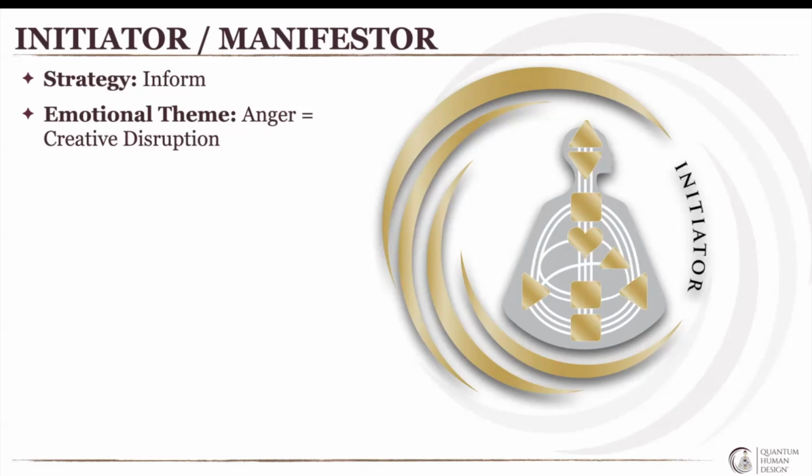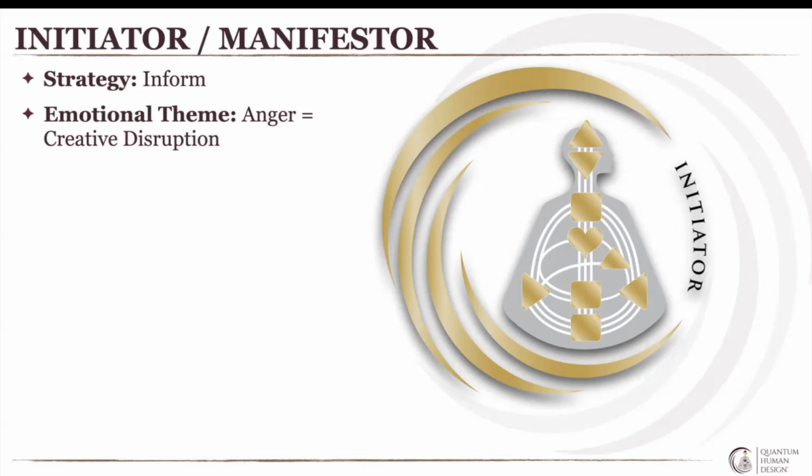If you live in a circumstance or you're in a relationship where there's chronic anger, it often means that your internal and external environment are not supportive of your creative flow. Certainly when you're an initiator, if you've got a consistent chronic theme of anger happening in your life, it's an important signal to stop and pay attention to see what's happening with your creative drive.